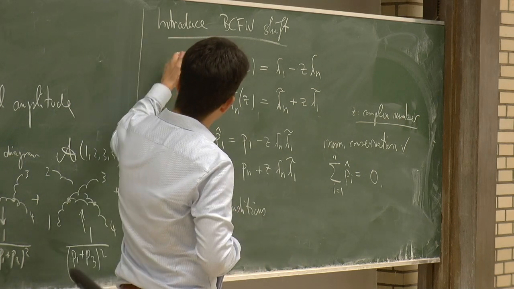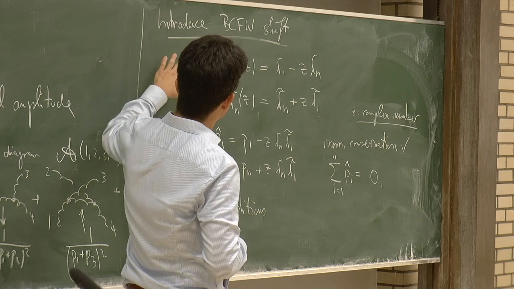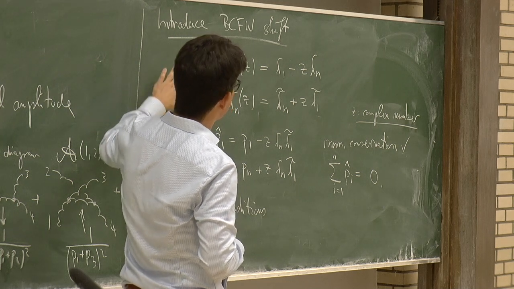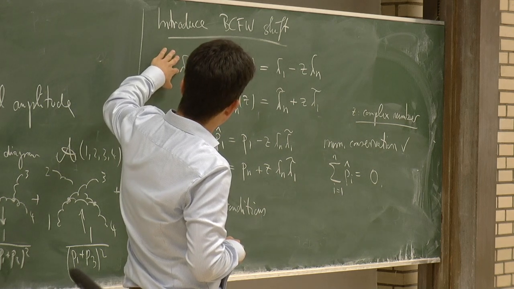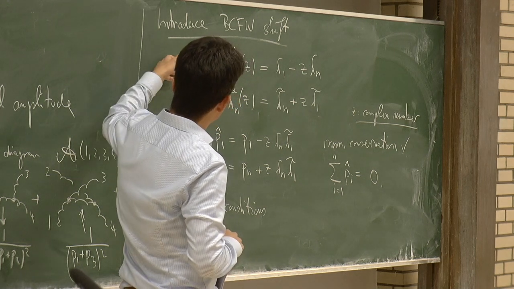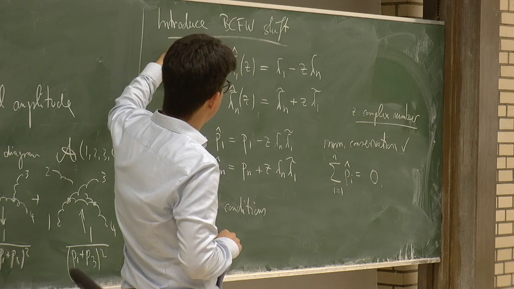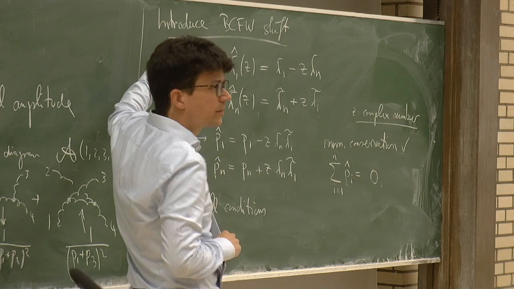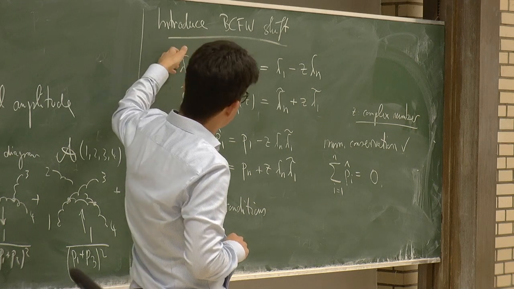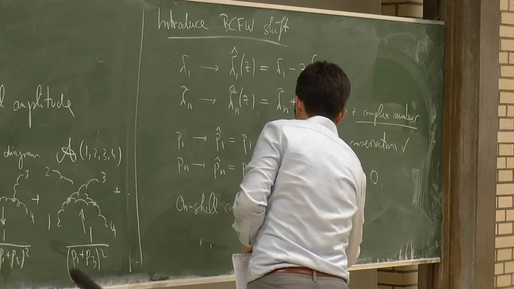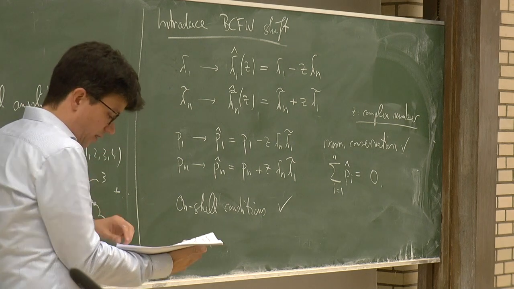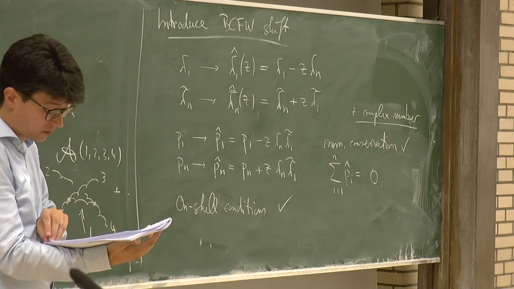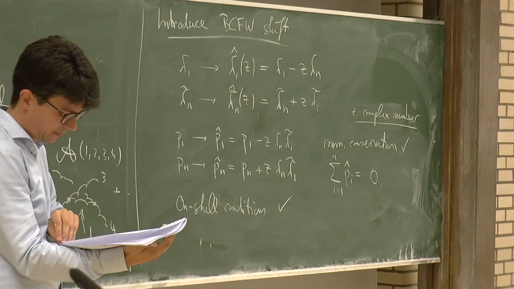And here, for each of the momenta, we just modified either the lambda or the lambda twiddle piece. So, for instance, for P1, the on-shell condition is still satisfied simply because of the lambda twiddle component. In this sense it's obvious, and it's just thanks to the fact that we're using spinors.